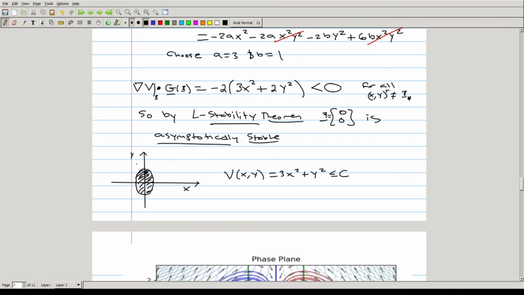These sets are ellipses that depend on c. Because these are closed sets, the sets of points x, y such that 3x squared plus y squared is less than or equal to c are positively invariant sets for this system.